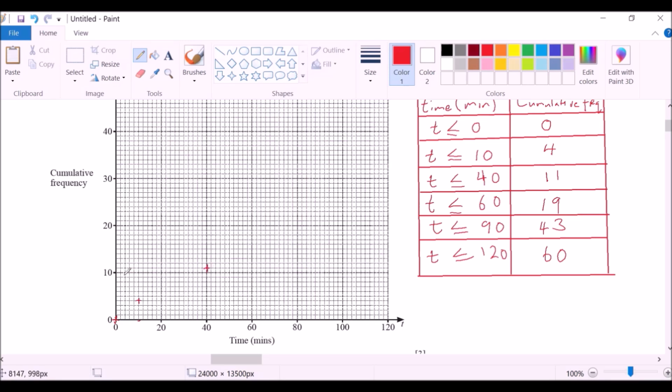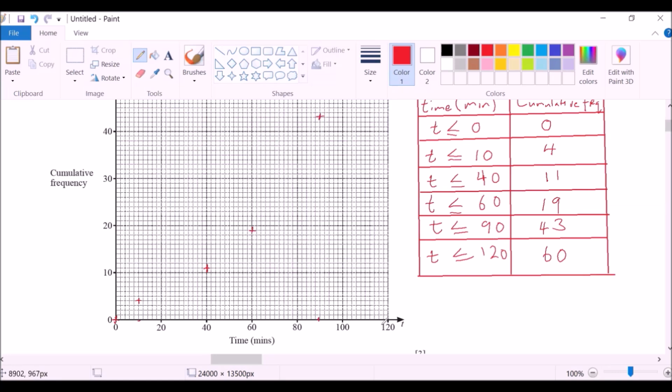Plot your point there, 11 for cumulative frequency, time is 40. When time is 60, cumulative frequency is 19. Plot your point there, 19 is here. When time is 90, which is halfway between 80 and 100, which is here, the cumulative frequency is 43, which is here.